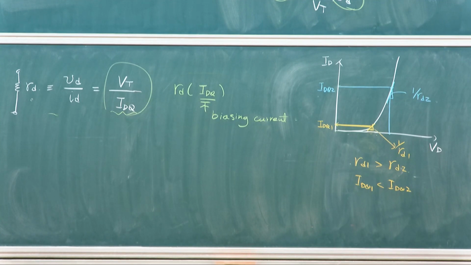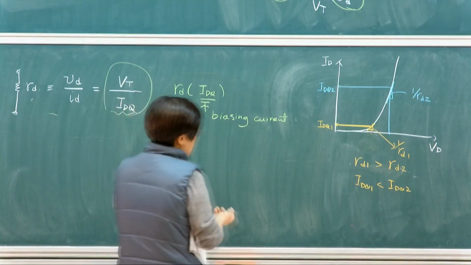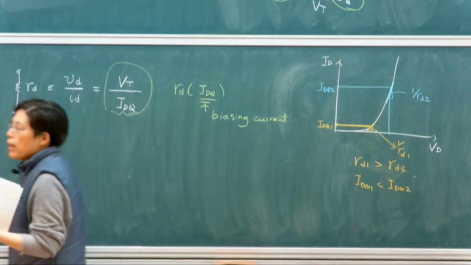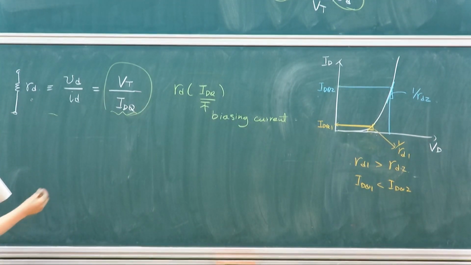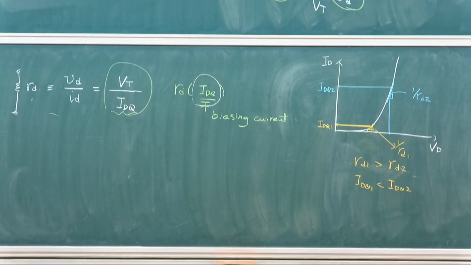Okay? So this will be very important when you set your point, depending on whether you want a larger small signal resistance on a diode. It will depend on the biasing point. Once again, you set the resistance level depending on your biasing current. There are actually two ways of describing this, depending on whether you want to treat it as a resistance or conductance.